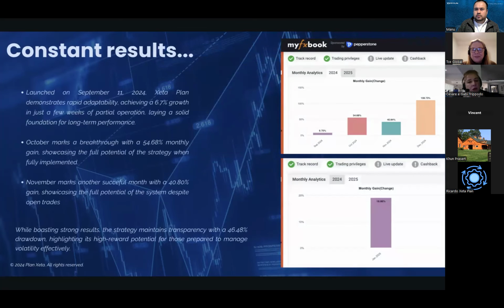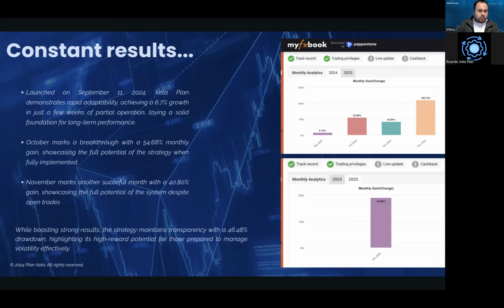And here are the constant results ever since the system started. As you can see, in September, it did a little bit over 6%. October, over 50%. November, a little bit over 40%. And December being the best month to date, over 108%. And January so far, a little bit over 18%.